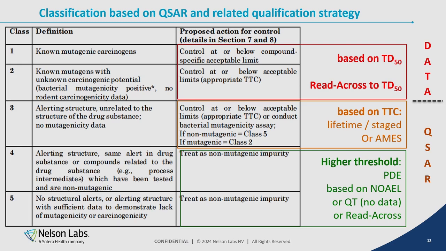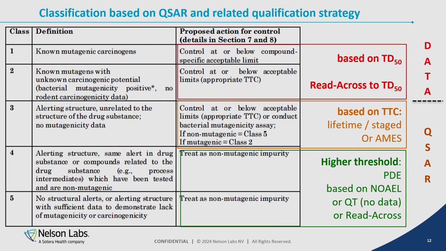If it's a known mutagen and you don't know if it's a carcinogen, yes or no, what you can consider is to do a read across with another carcinogenic compound. Read across is not always accepted. It has to be well justified, but it's basing your PDE or acceptable intake on a highly similar compound or multiple similar compounds if one compound doesn't contain all these substructural features.